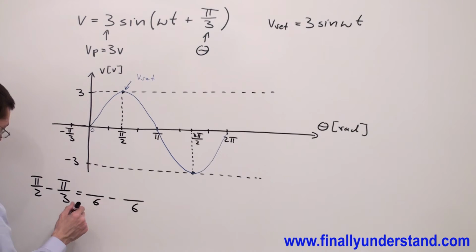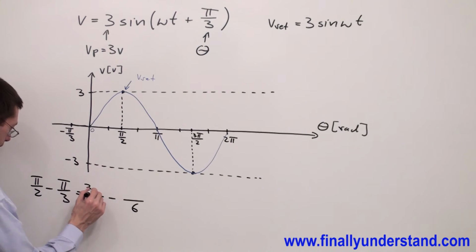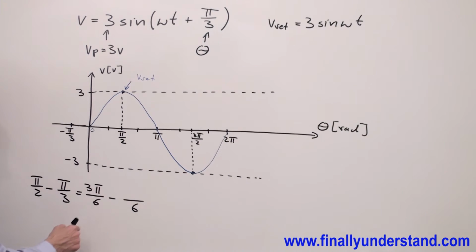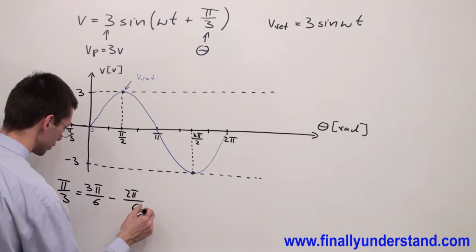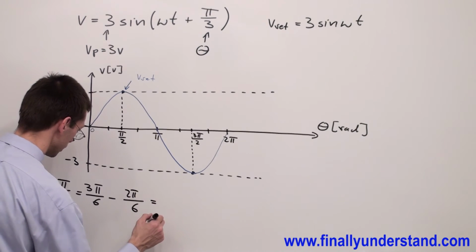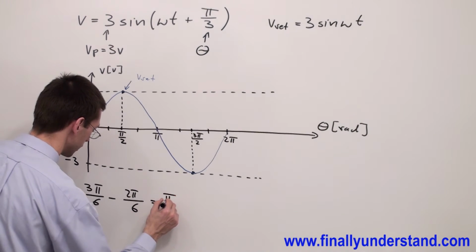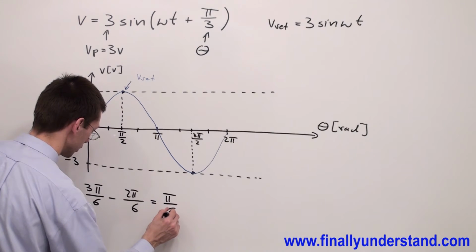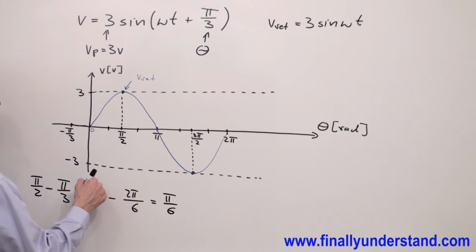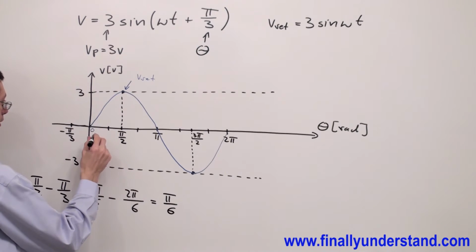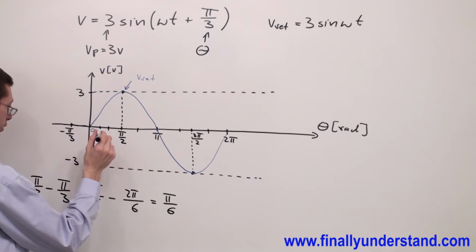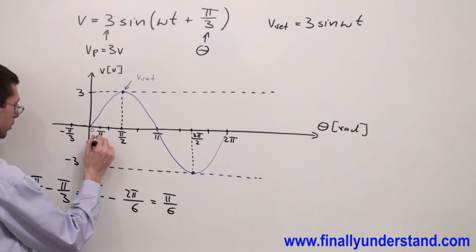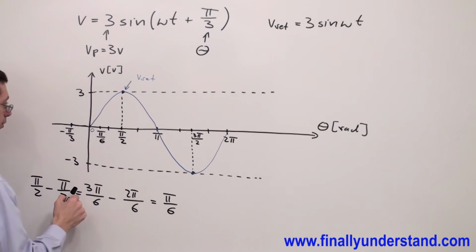I'm going to have 3 pi over 6 minus 2 pi over 6, which is equal to pi over 6. This means my positive peak value has to be at angle pi over 6.